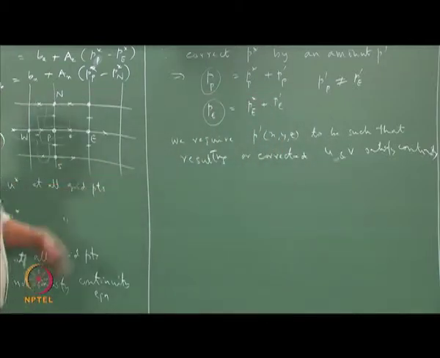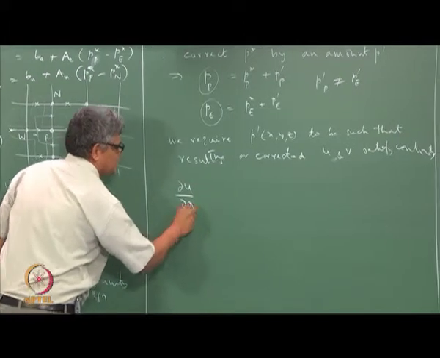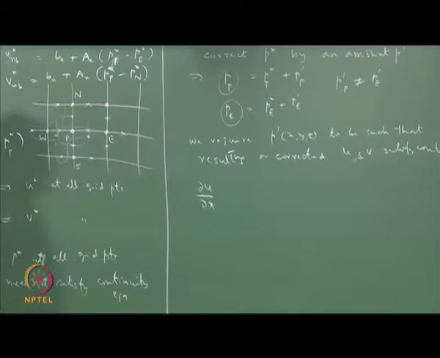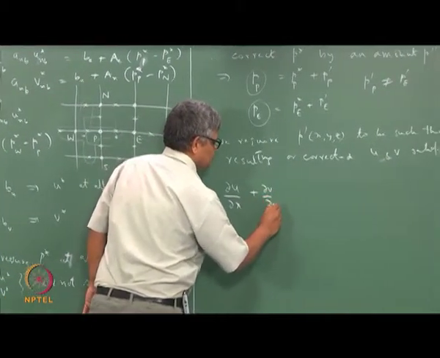Okay. So, what we mean by this is we have the continuity equation, which for two dimensional incompressible flows can be written as dou u by dou x plus dou v by dou y equal to 0.